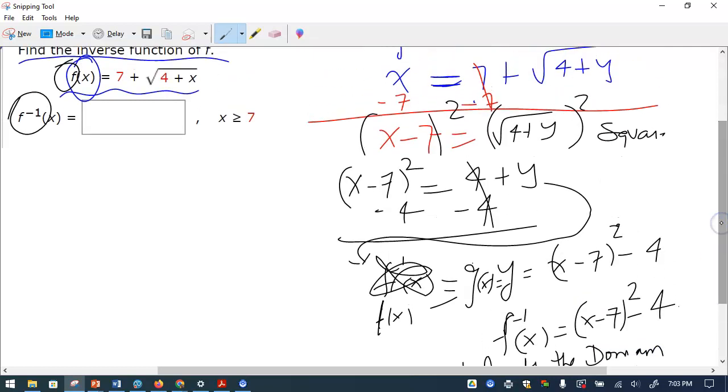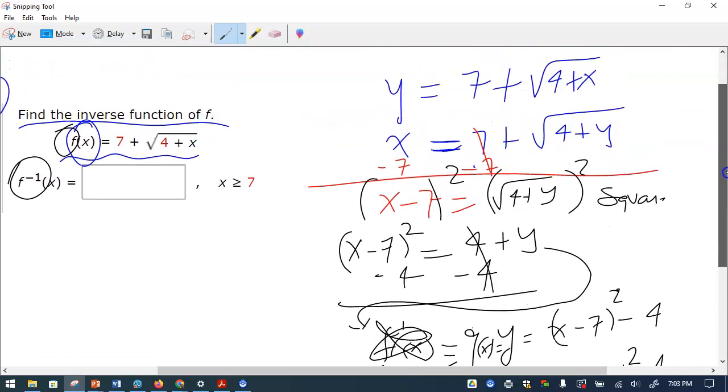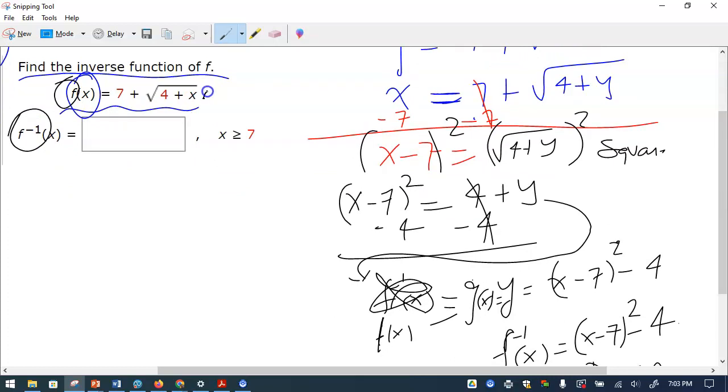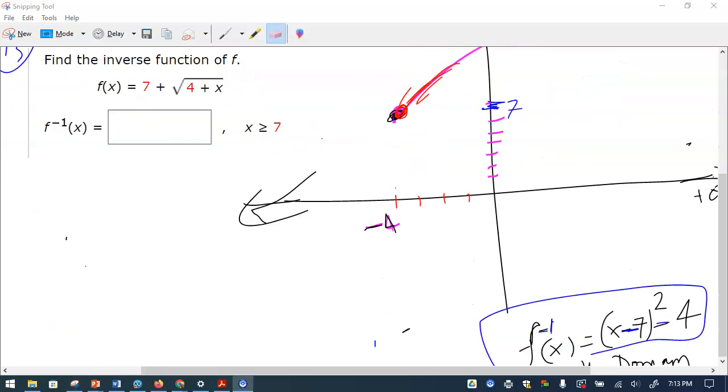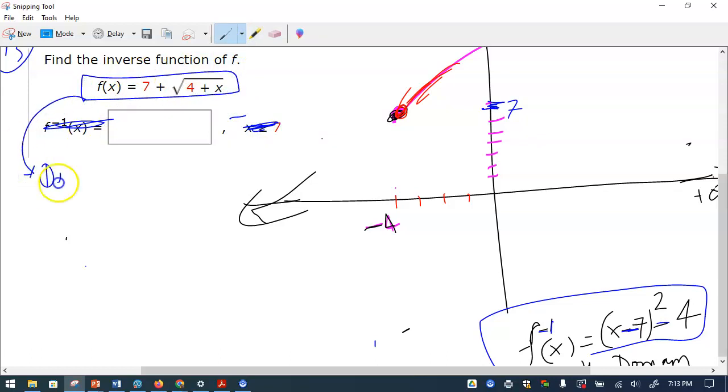Now, if you see the original function, this is the original function. And what is the domain of the original function?